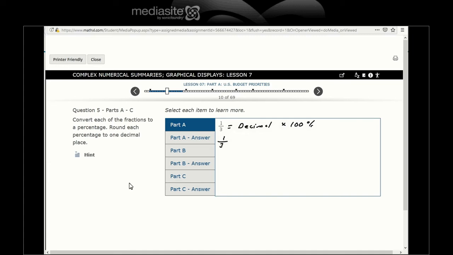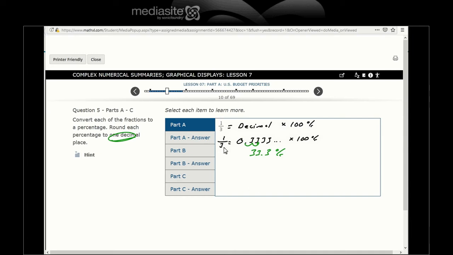So 1/3, on a calculator, you get 0.3333 repeating. Then I multiply by 100%. That just moves the decimal point over. One decimal place in the final answer as a percentage, not as a decimal, or 33.3%.